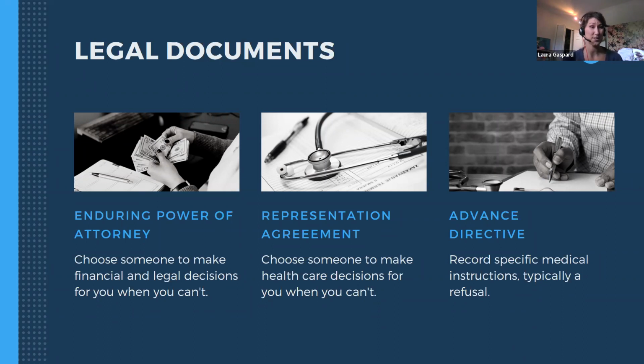That can sometimes be confusing because we might have family, or maybe we ourselves come from places like Ontario, where they've got an enduring power of attorney for finances and an enduring power of attorney for health. And so that can be very, very confusing, but in BC, this is separate.